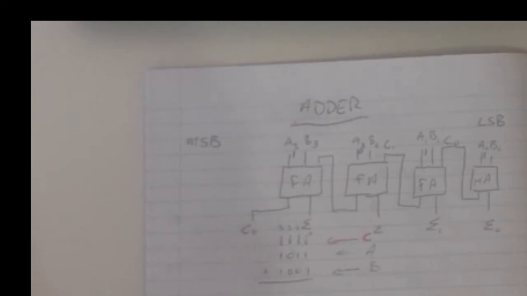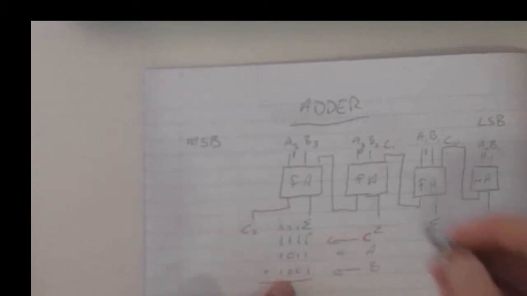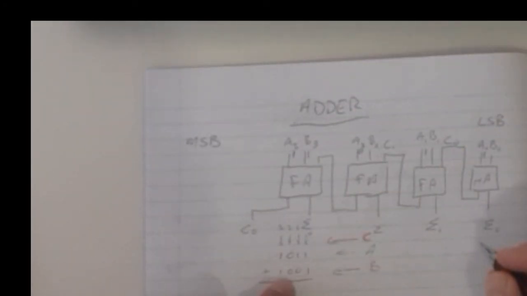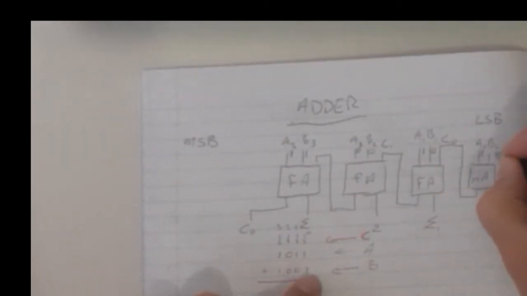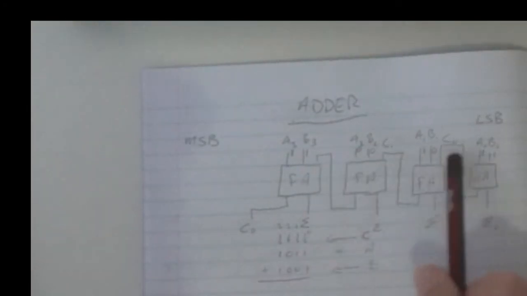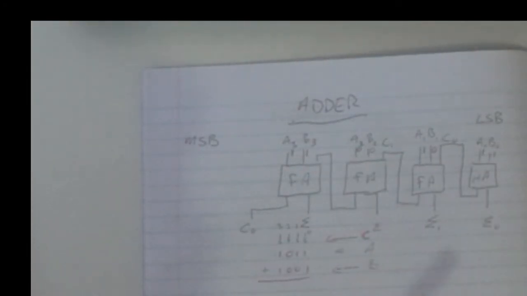Then brown is my B's. Most significant bit is a 1, then a 0, then a 0, and then a 1 over there. We do not know yet what the carries are going to be.